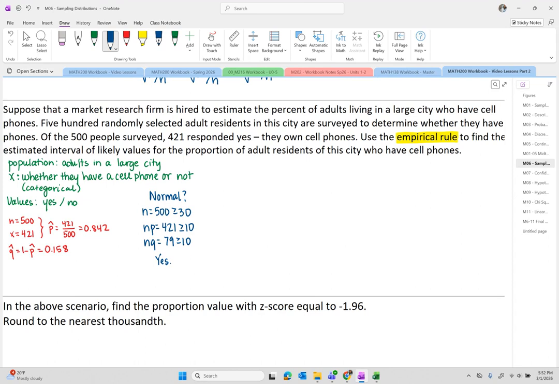Once we can use the normal distribution, we want to remember what is the mean and what is the standard deviation of this normal distribution.